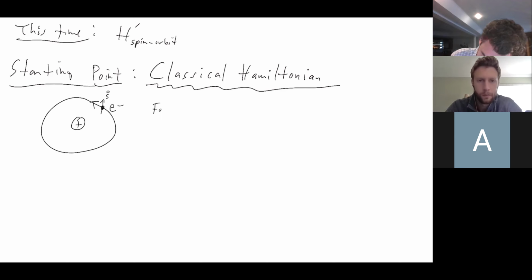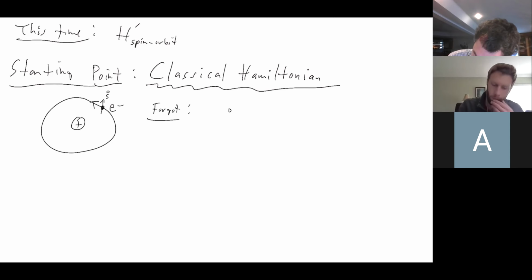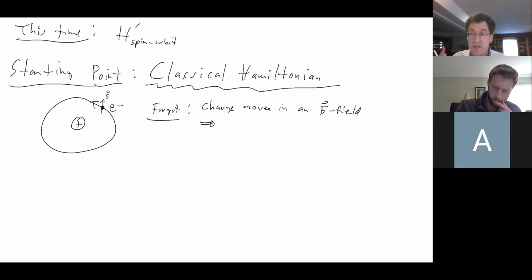What we forgot to do last semester is that when I have a charge moving in an E field, then the charge experiences a magnetic field.